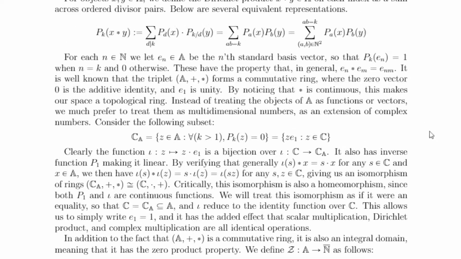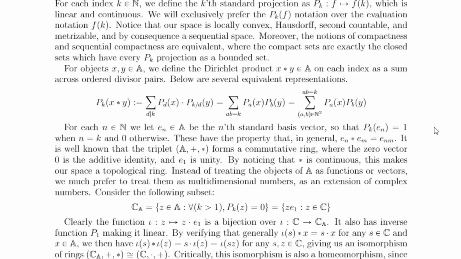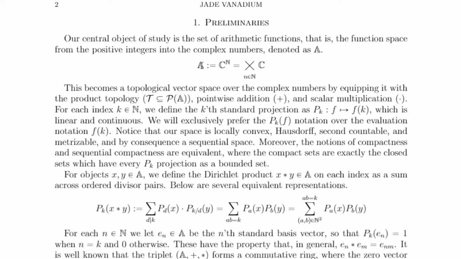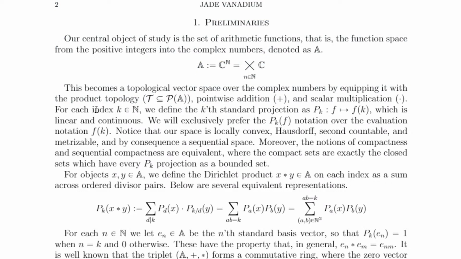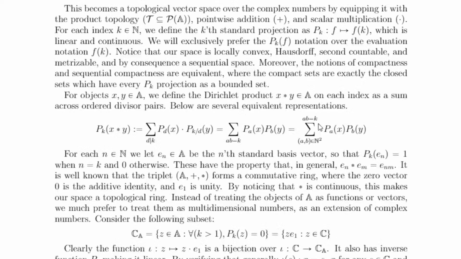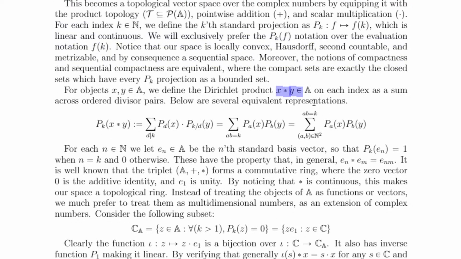As a quick recap, we have defined our set as the set of arithmetic functions, that's complex number sequences. We've given them a topology, pointwise addition, and all these projections that let us talk about their different properties. We've defined this Dirichlet product, which is a really important object for our study, and we've found that it's continuous and has all these nice properties. So it forms a commutative ring and an integral domain.